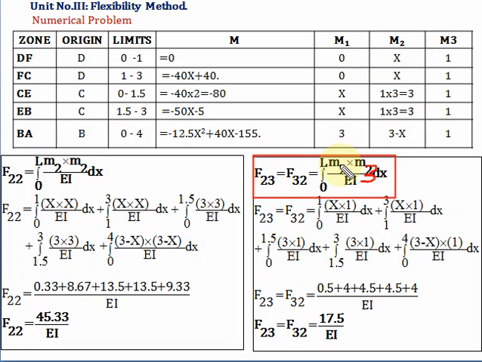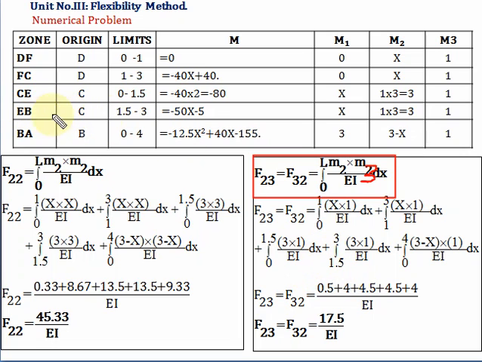So here the m2 column will be multiplied by m3. So what is the first zone? BF, integration 0 to 1, x into 1 upon EI into dx. Okay. So the next zone is FC, the limit is 1 to 3, so x into 1 upon EI into dx. So the next zone is C, limit 0 to 1.5, 3 into 1 upon EI into dx.